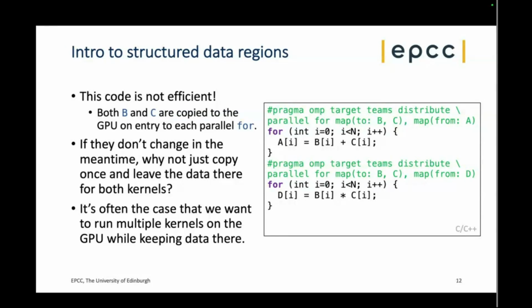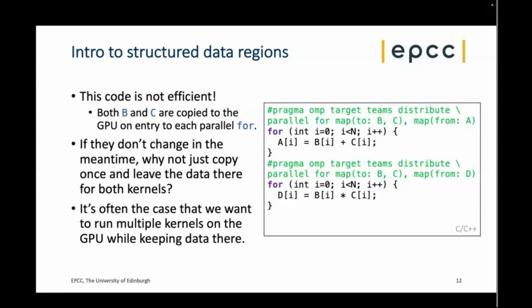The first loop is reading from arrays B and C, and saves the result to another array A. You also have a second loop, which is again reading from B and C and writing to some other array D. So in this case, we want B and C to be available on the device, so we map to B and C, and we want the results back, so you have a map from A on the top loop.